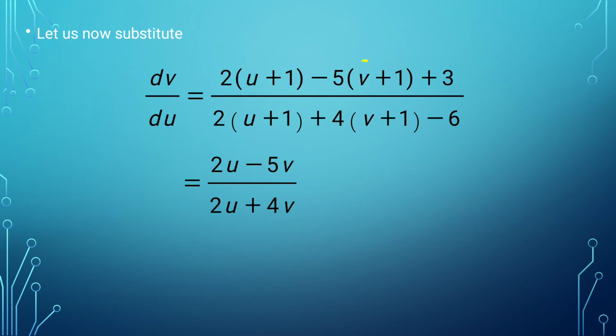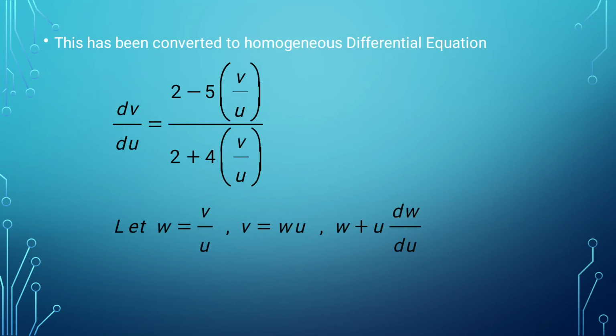So substituting into the equation, we end up with this, and this is from the previous relation, dy/dx is the same as dv/du. If you simplify this, you get this, and this now gives us a homogeneous equation.